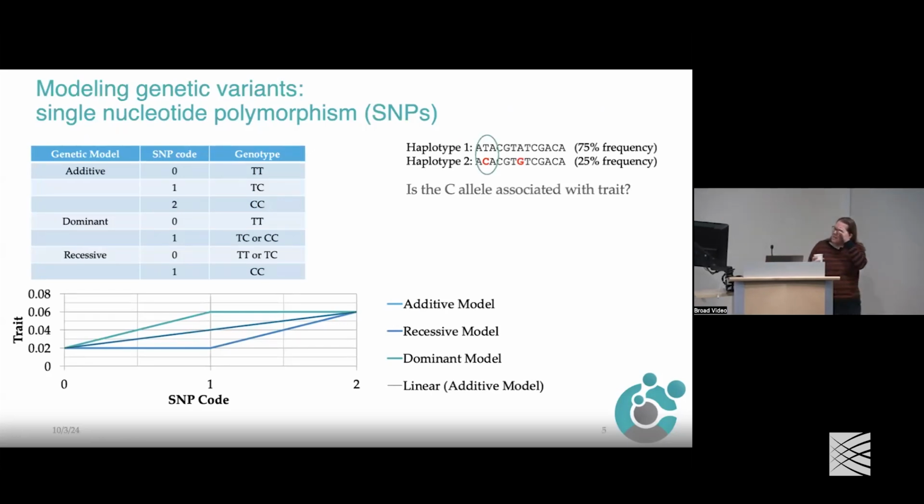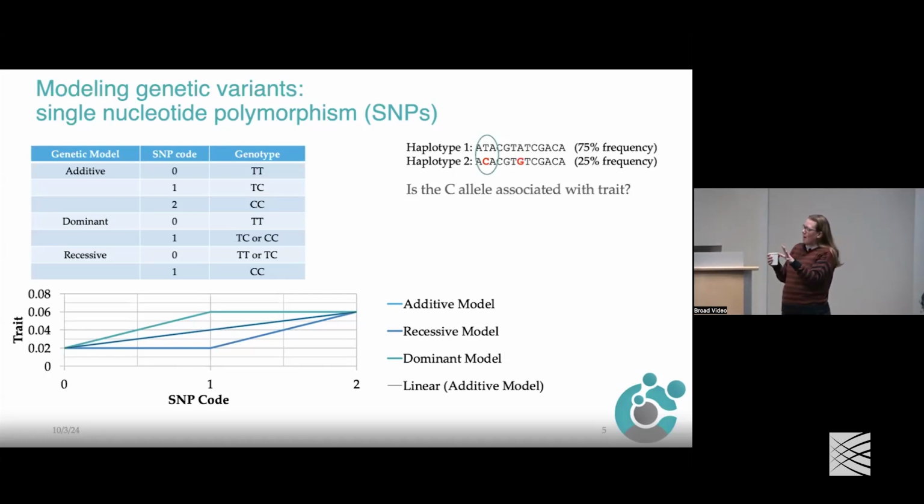But if you're going to be performing a statistical analysis, you have to put together a model of the variables in your association analysis, and that requires us as the analysts, studying this question, to decide how we're going to treat the genotypes and the alleles observed at this particular location.